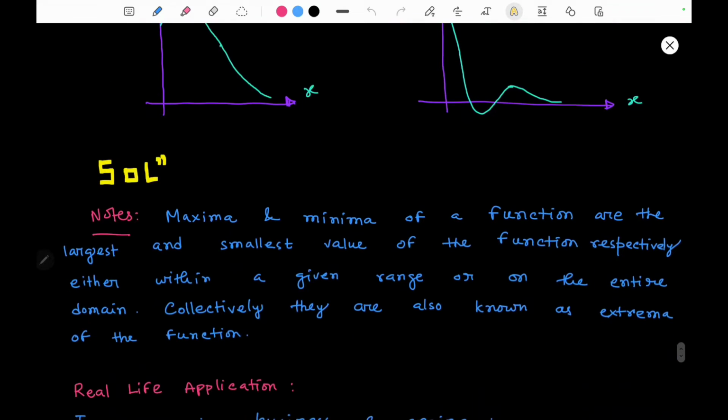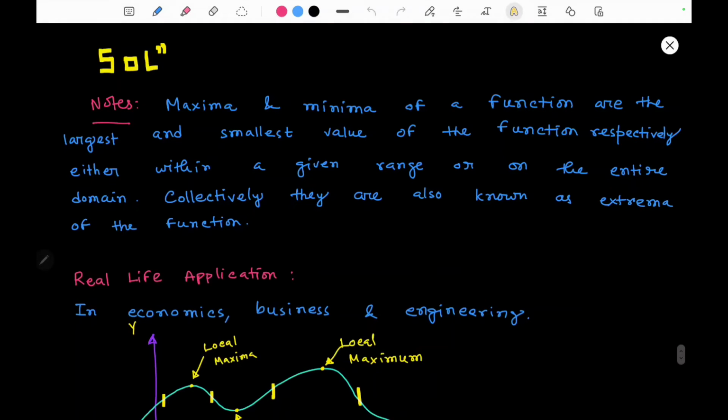So before solving the question, let's read some proper notes. Maxima and minima of a function are the largest and smallest value of the function respectively, either within a given range or on the entire domain.